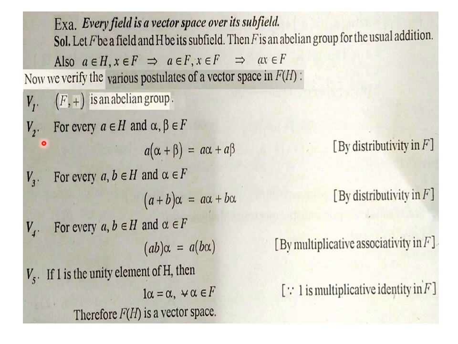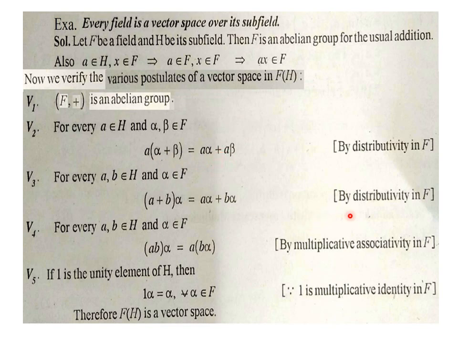And then V2: for every element a belonging to H, where H is the subfield playing the role of field, and F is playing the role of vector space V. So a belongs to H and alpha, beta belong to F. It can easily be said that a into (alpha plus beta) equals a alpha plus a beta because of the property of field F again, because a belonging to H means a belongs to F, as H is a subset of F. So a, alpha, beta, all three elements of F, and using distributivity of field, the 11th property, that result can easily be obtained.